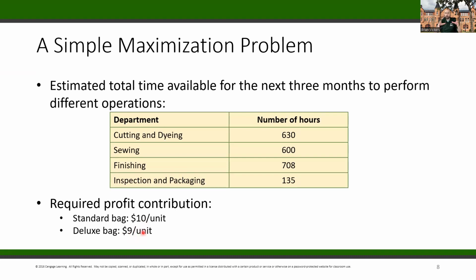So profit contribution, just as a quick refresher, is per unit, your sales amount minus your cost. That's how much it's contributing to overall profit. It's just like saying profit per unit, right? That's the profit contribution of 1 unit.